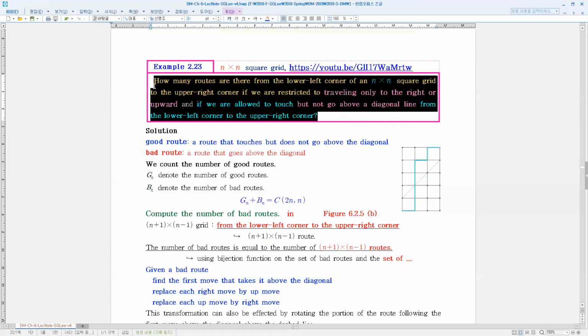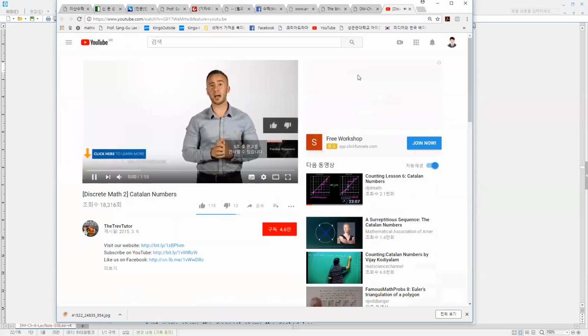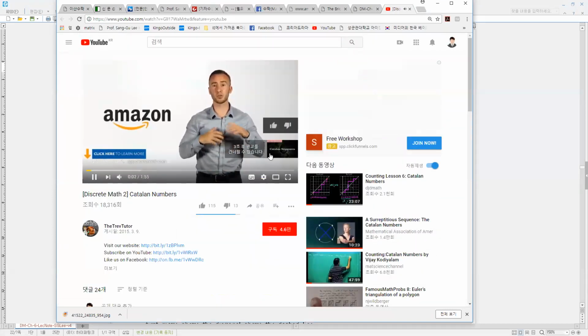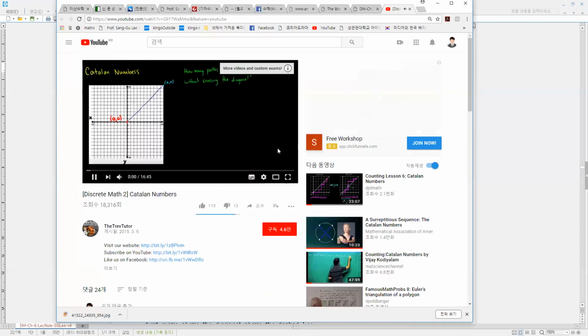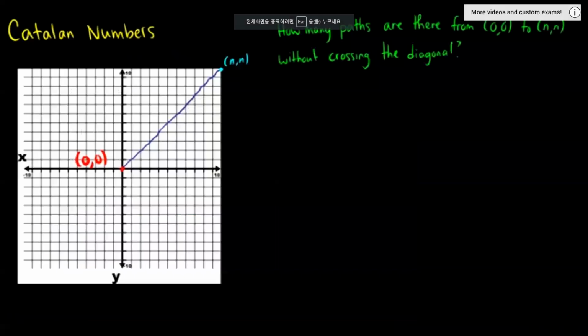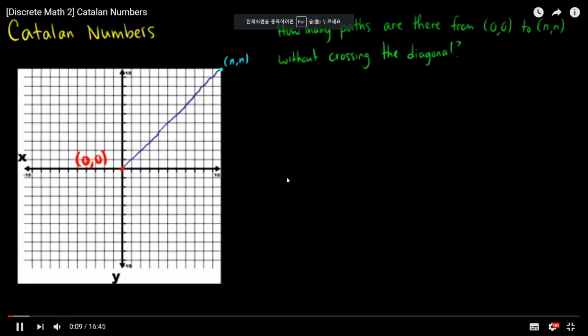Okay, this is an interesting problem. The explanation can be found here on Catalan numbers. This interesting number is called a Catalan number.